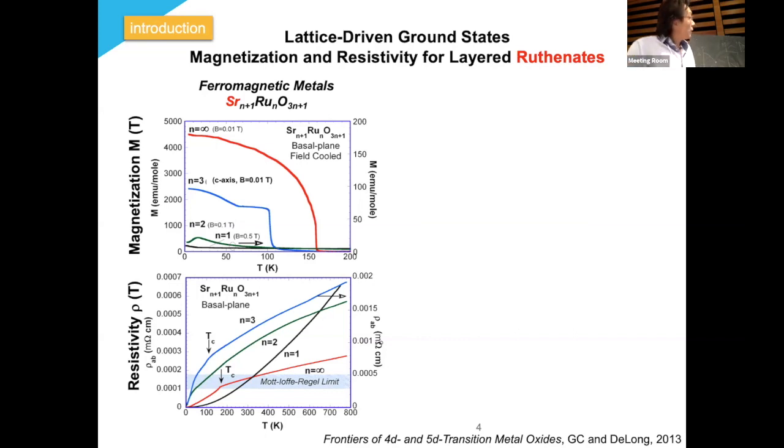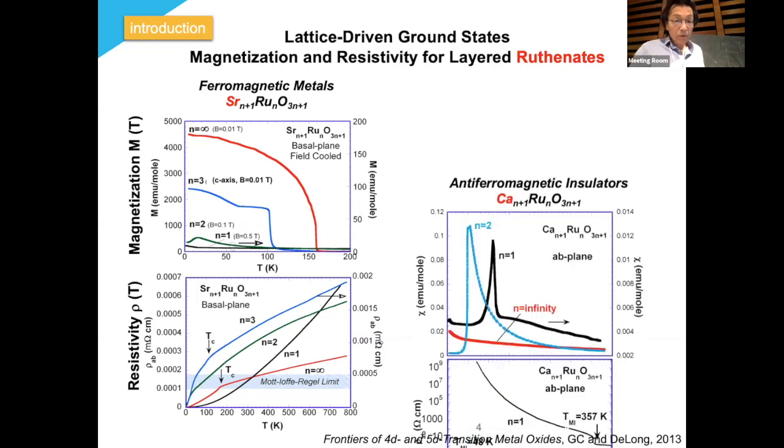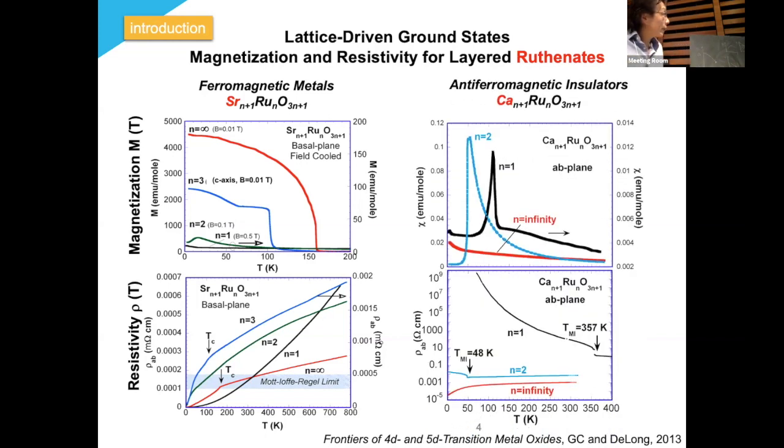But if you replace strontium by calcium, which has the identical valence state but is 20% smaller in terms of ionic radius compared to strontium, what happens is completely different ground states.